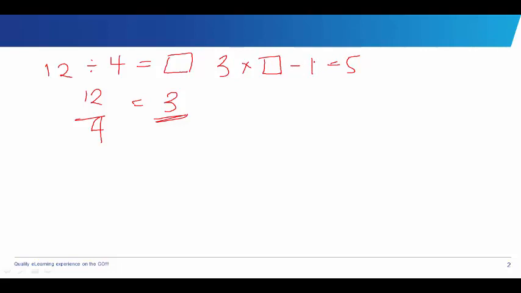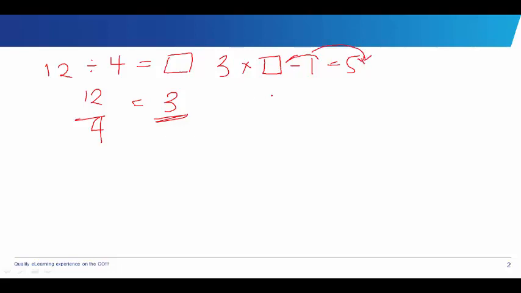Okay, so how are we going to do this? Okay, so this is how we'll solve it. We'll take this minus 1 to this side.